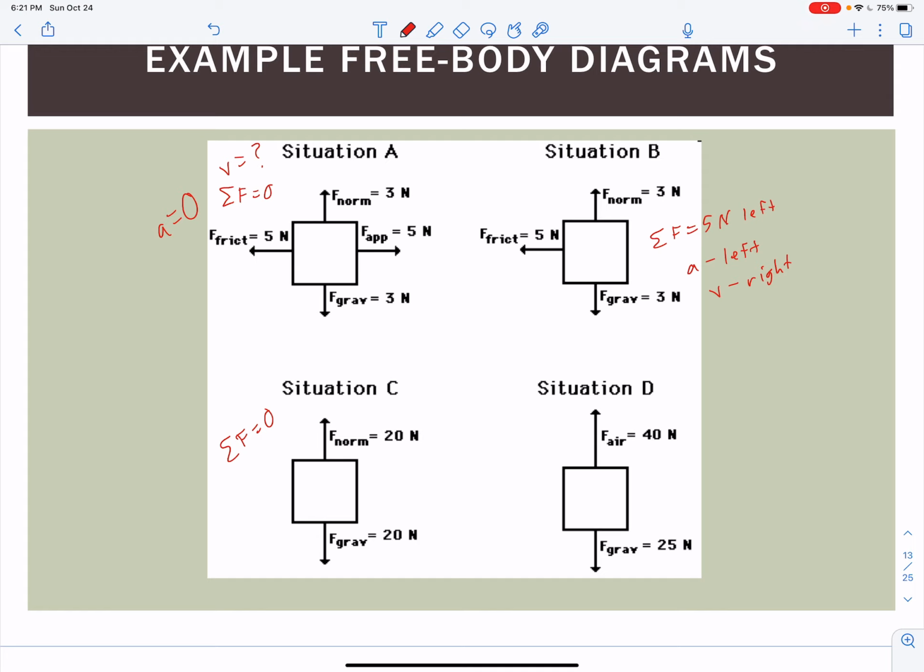Okay, so if you've thought about it for a second, you might have realized that if you've ever been on an elevator, and it gets a nice constant speed going up or down, you feel pretty normal, right? You feel like your normal weight. There are those moments at the beginning and at the end, and we'll talk about those later, where you feel a little bit heavy or a little bit lightheaded.